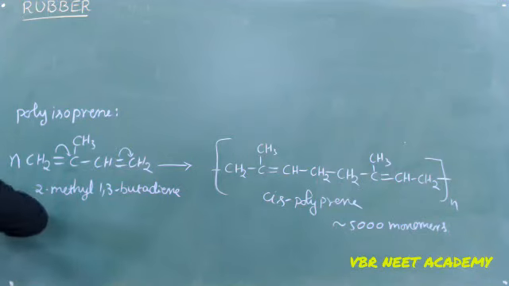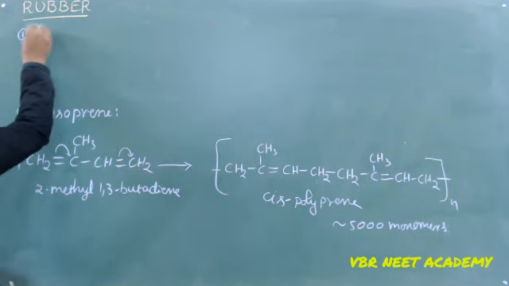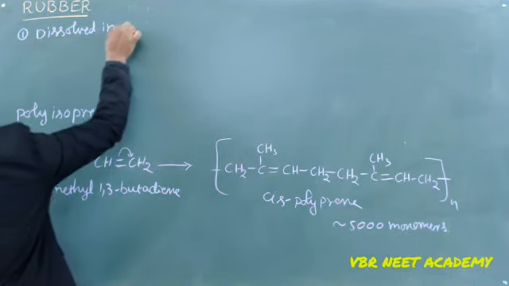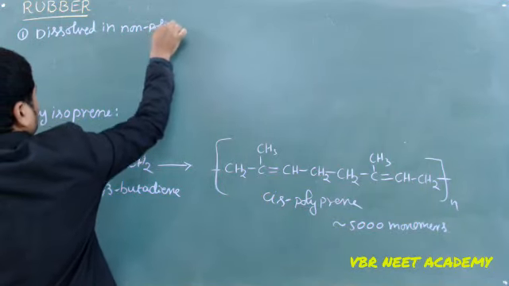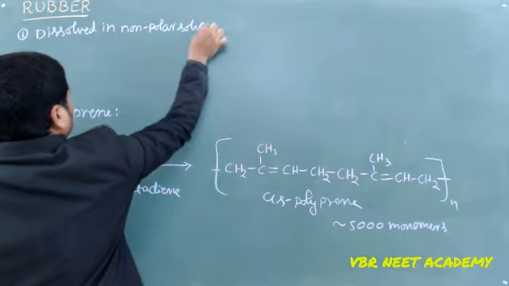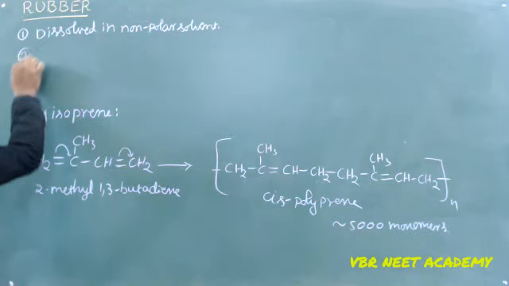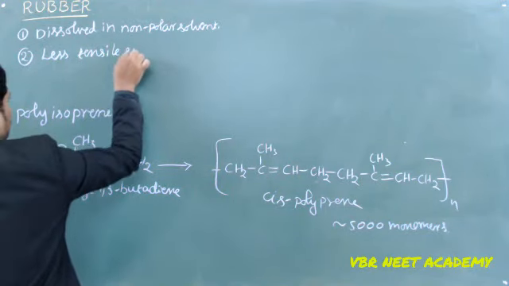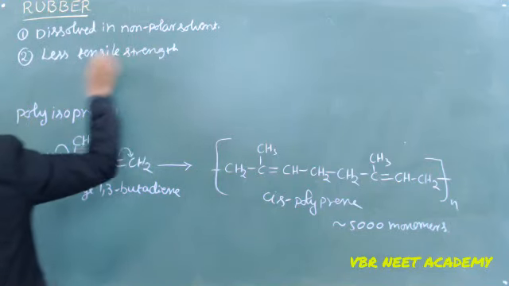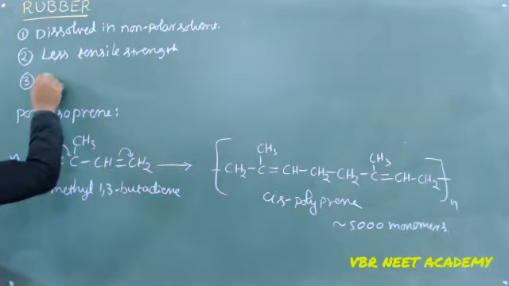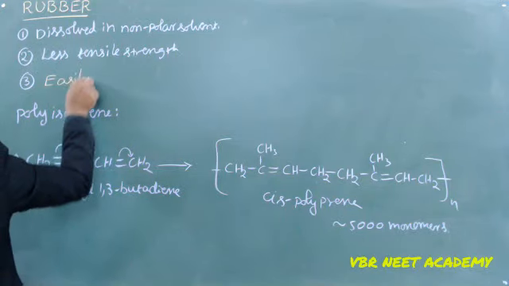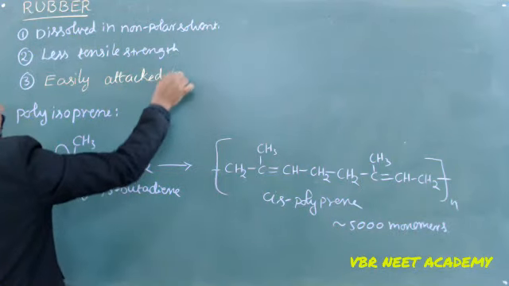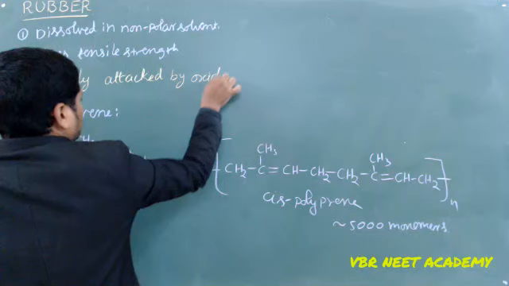Natural rubber can be dissolved in non-polar solvent, solubility in a non-polar solvent, and it is going to have less tensile strength, and it is going to be easily attacked by oxidizing agents.